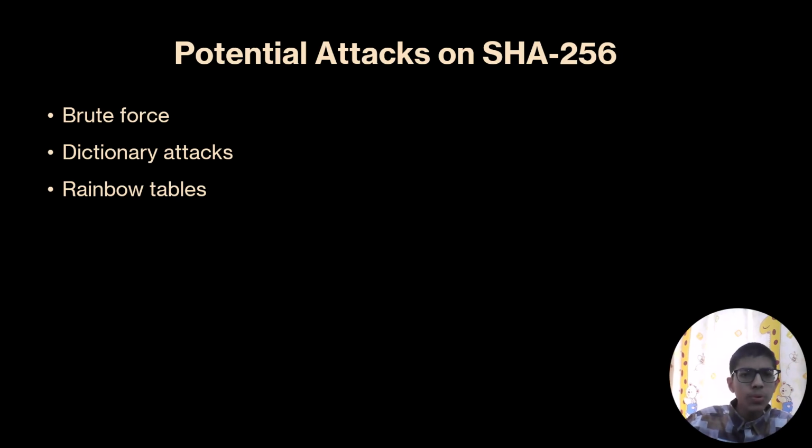Now, talking about the potential attacks on SHA-256, we have brute force attacks that are generally ineffective against SHA due to the vast input space and vast output space, which makes it computationally infeasible.